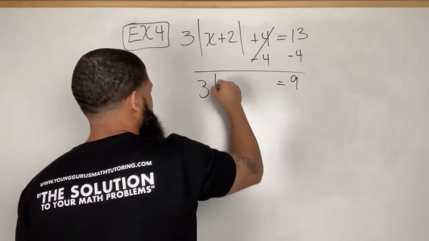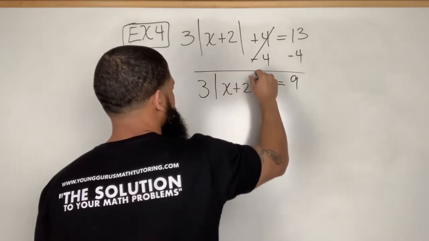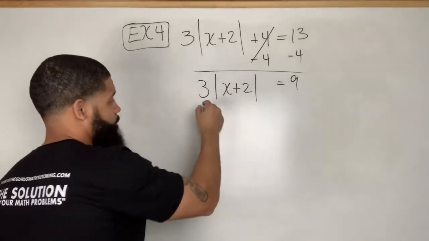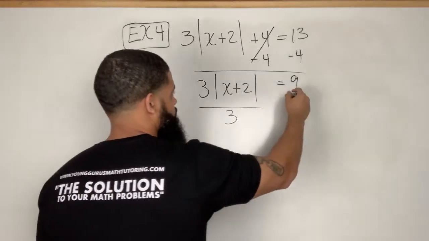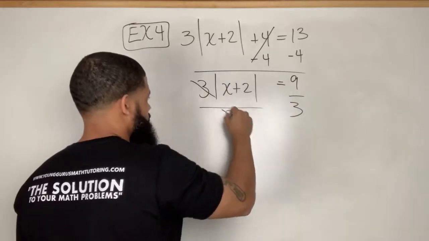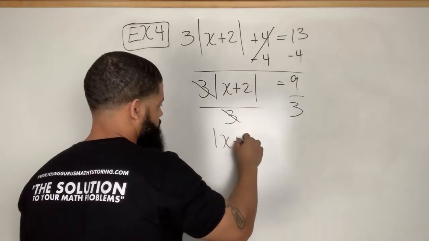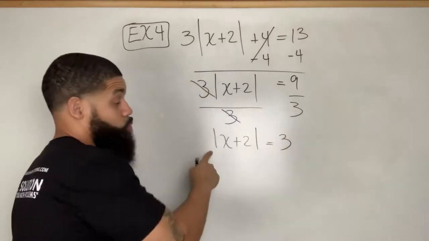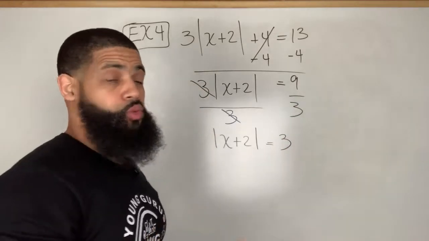So I'm left with 3 times the absolute value of x plus 2. I need to get rid of that 3, so I need to divide both sides by 3. Those cancel. I'm left with the absolute value of x plus 2 is equal to 9 divided by 3 is 3. Once again, I need to break this down into two equations.